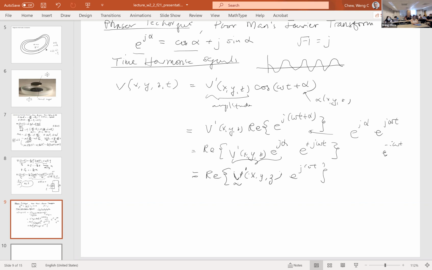I would denote the complex number with an under tilde. Okay. So what I have is a real signal. It can always be written as a complex number times e to the j omega t, taking its real part. And this part is often called the phasor representation.